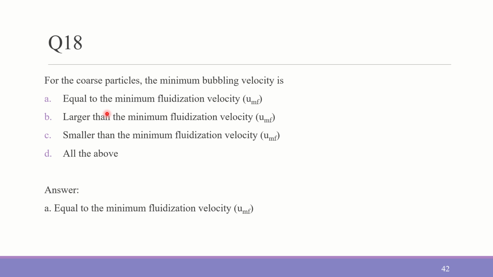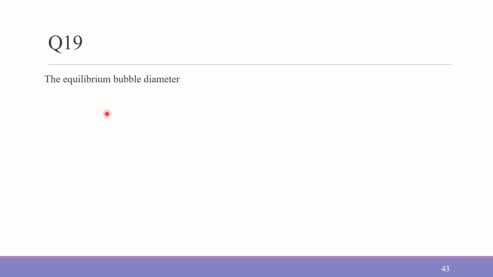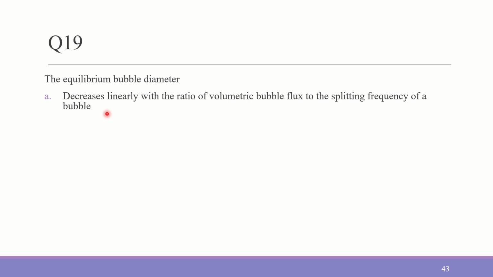Let us go to the last question for today's session. Question 19. Equilibrium bubble diameter dash. Option A, decreases linearly with the ratio of volumetric bubble flux to the splitting frequency of a bubble.